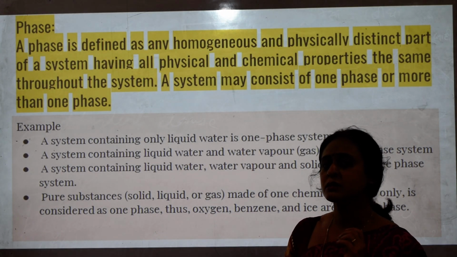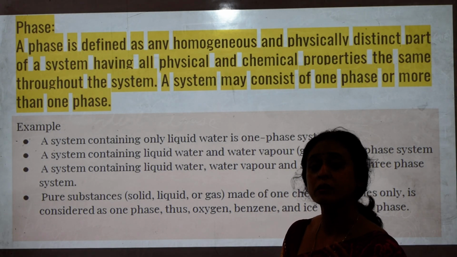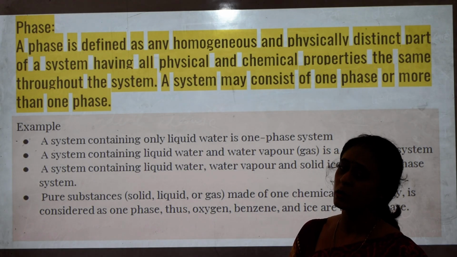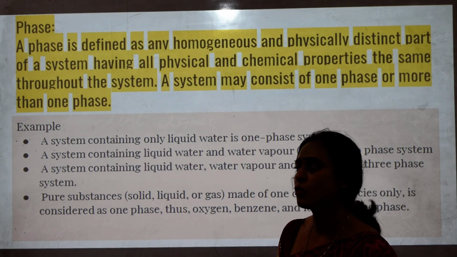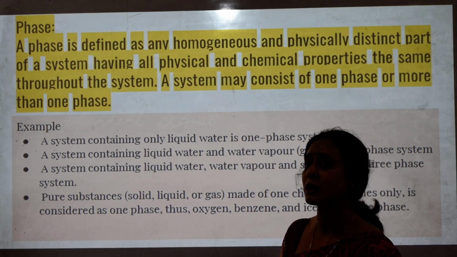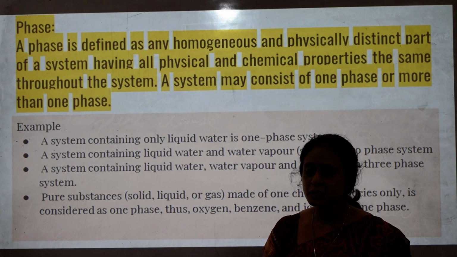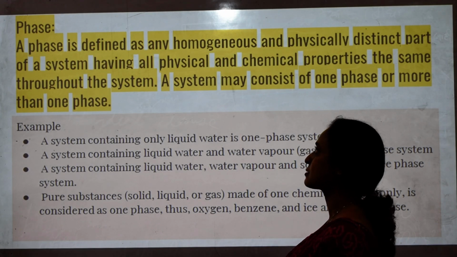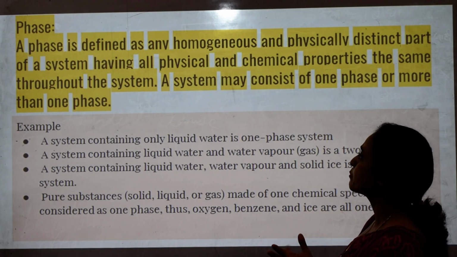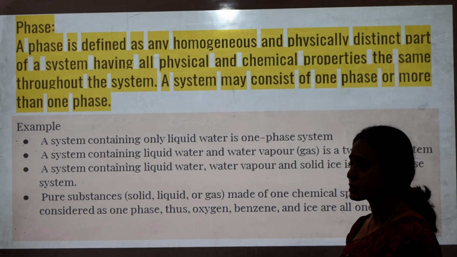Now here in this particular phase rule, we have used three terms, that is degree of freedom, phase and component. So we must know all these three terms separately, then we will be able to come to some conclusion. Now what is phase? Phase is defined as a homogeneous and physically distinct part of a system having all physical and chemical properties the same throughout the system.